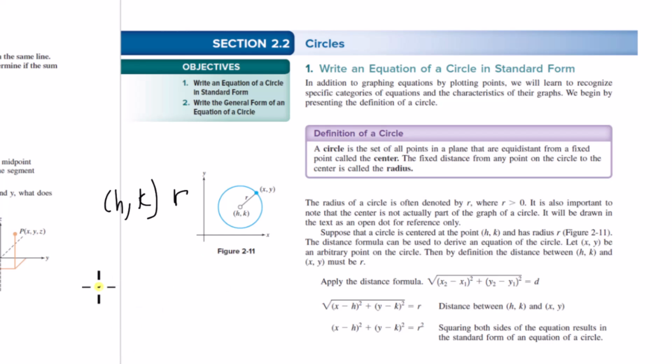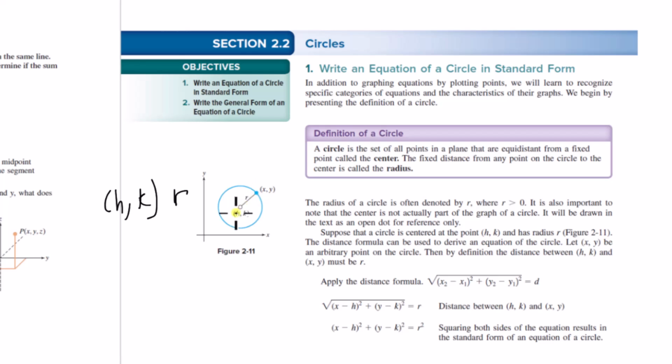The idea is the distance between the center and any point on this circle, no matter what that point is, and so that would be any x, y that you would plug into the equation that would satisfy the equation, is going to be constant. Okay, so we're allowed to plug in any value in the entire Cartesian plane into the equation, but let's calculate the distance.